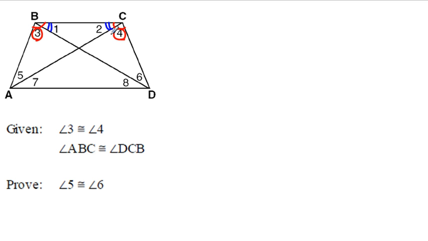Then the question is, can we prove that angle 5 and angle 6 are congruent to each other? In fact, we'll try to do this one in a bit interesting way. Which two triangles would you like to prove to be congruent? That's my question that I want you to think about a little bit.